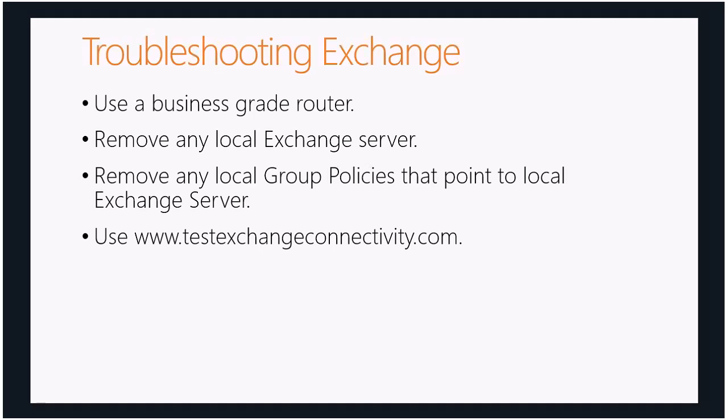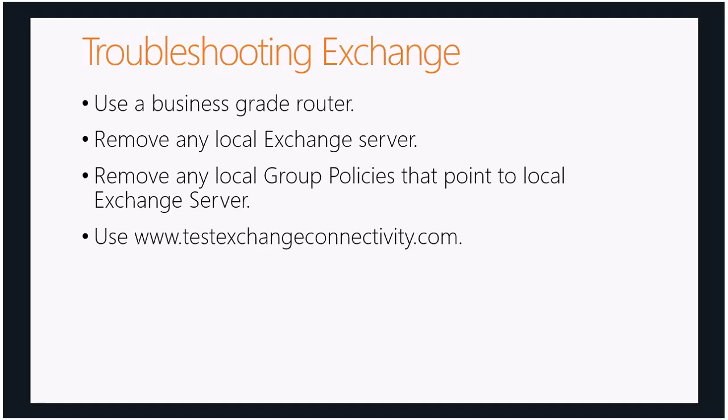One of the great tools for checking your Exchange configuration is testexchangeconnectivity.com. That will not only test things like Exchange, it will now test Skype for Business, a whole raft of options there. So when you have Outlook clients that can't connect to Exchange Online, the first port of call generally is to power up testexchangeconnectivity.com, go in and do the tests and have a look at the extensive information that is provided.